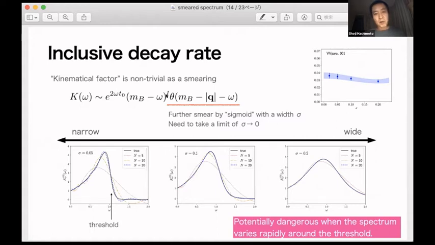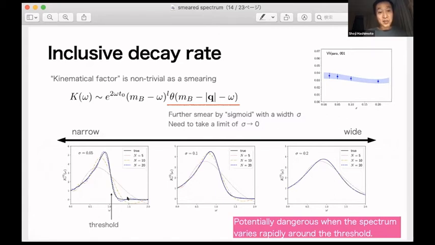Your final hadronic state has to have an energy lower than a certain value. So there is a Heaviside function here. The function is something like this, going up and suddenly dropping to 0. So this is not easy to implement because of the sudden move of the function.